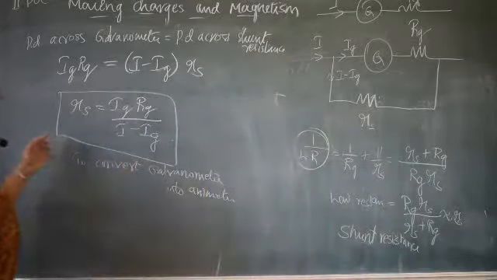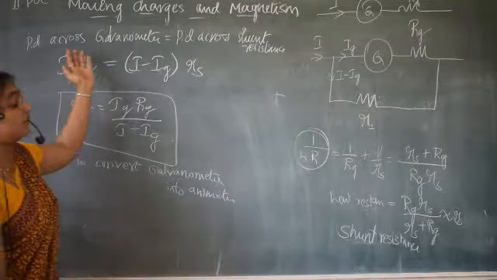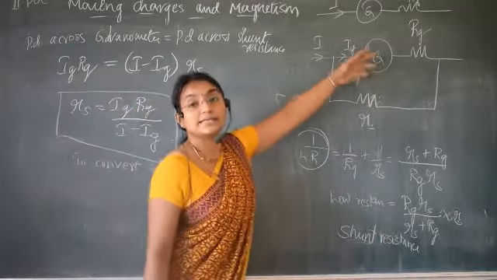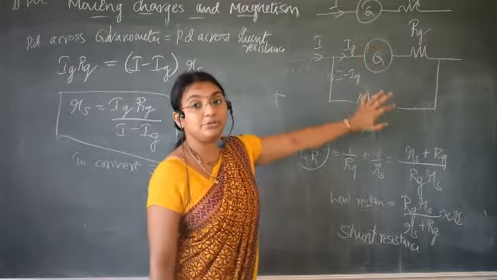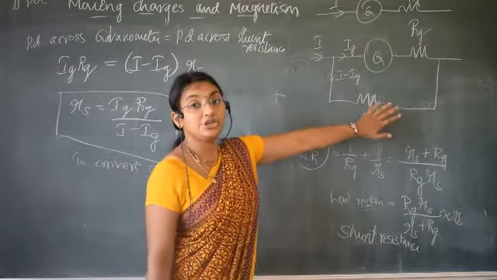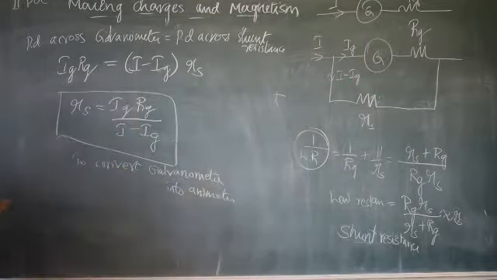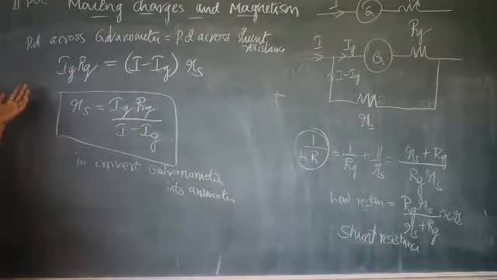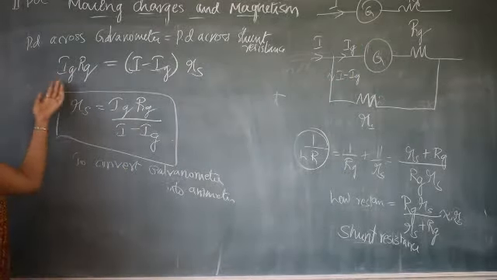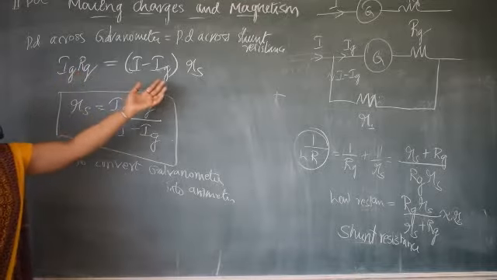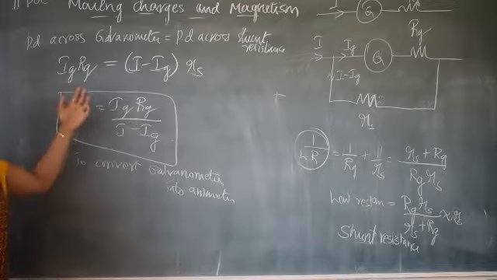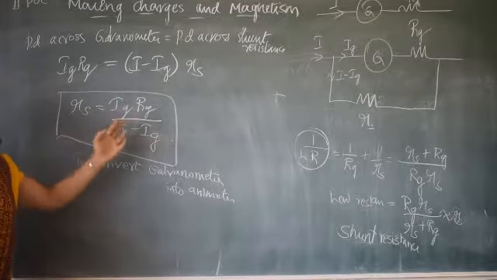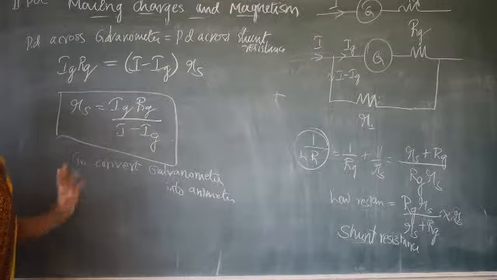The shunt resistance is always in parallel, so the potential difference across them is the same. So the potential difference across the galvanometer should be equal to the potential difference across the shunt resistance. Therefore we can write V is equal to IR, so Ig Rg equals I minus Ig into Rs. By equating, we can write Rs is equal to Ig Rg by I minus Ig.